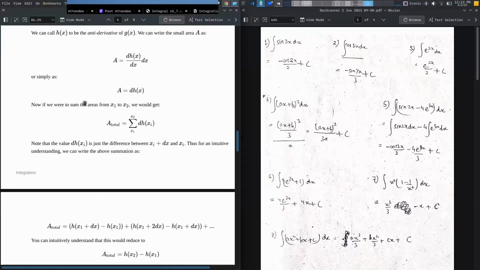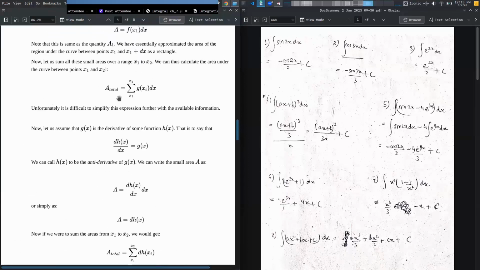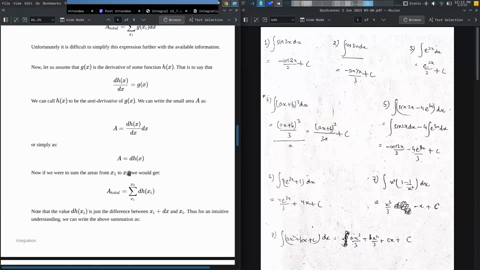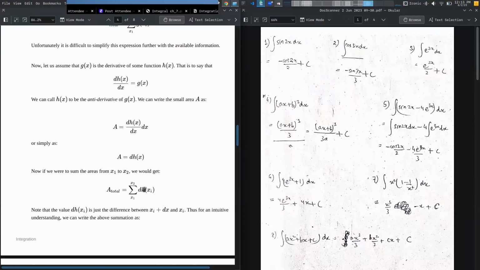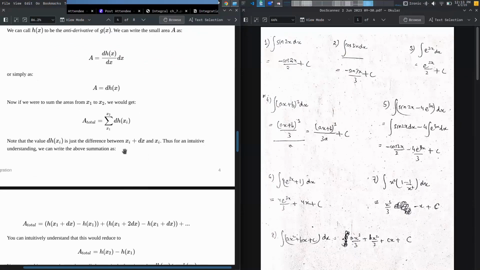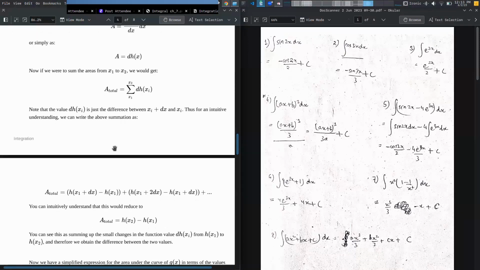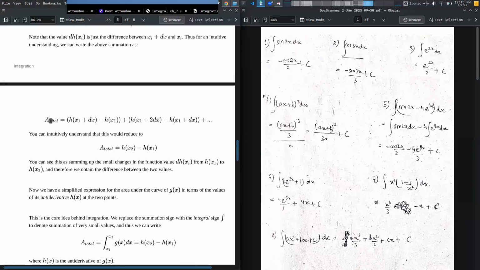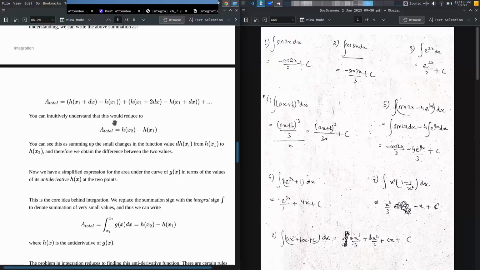Now, if we were to sum the areas from x1 to x2, basically this summation would reduce to just the summation over dh(xi). Now the value of dh(xi) is just the difference between h(xi + dx) and h(xi). For an intuitive understanding, you can write it like this: h(x1 + dx) minus h(x1), h(x1 + 2dx) minus h(x1 + dx), and so on.